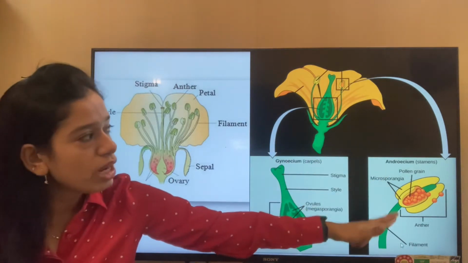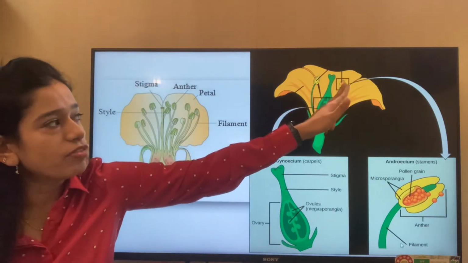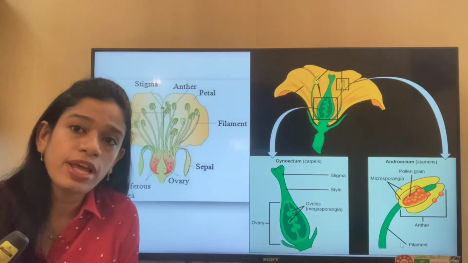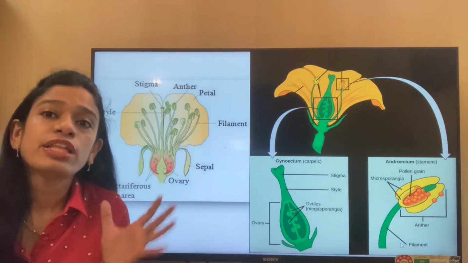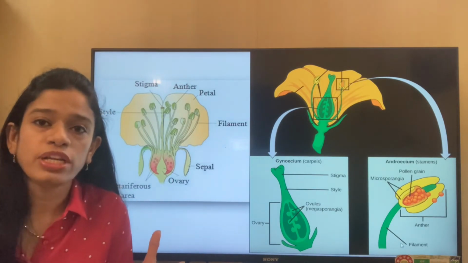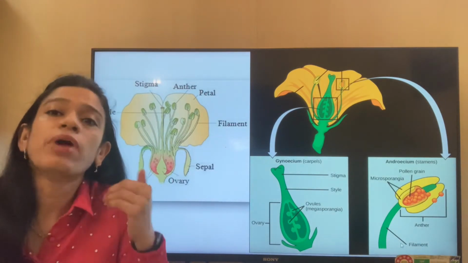Now if the pollen from a flower comes and settles on the stigma of the same flower, it is called self-pollination, that is, it pollinates among themselves.